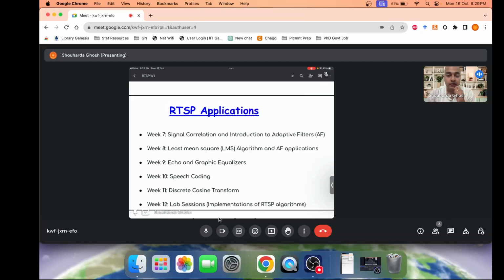We talked about the LMS algorithm, and then the error curves. How does the error drop as time evolves? Based on the different learning rates, there is something called the learning parameter, which determines how fast or slow your error is decaying, how fast or slow you will reach the steady state.